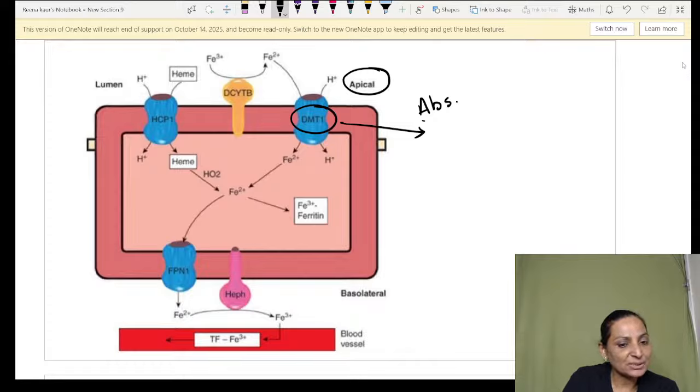On the basolateral side, you have the ferroportin, and associated with this you have hephaestin. So this is not hepcidin, that is different. This is hephaestin, which is associated with ferroportin. Remember that this is present on the basolateral side, but DMT1 is present on the apical side. So iron absorption is brought about by DMT1.